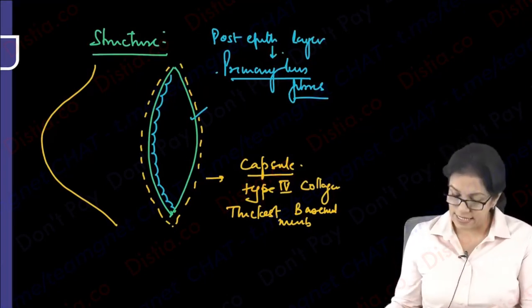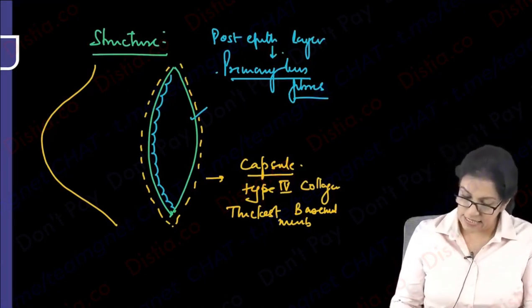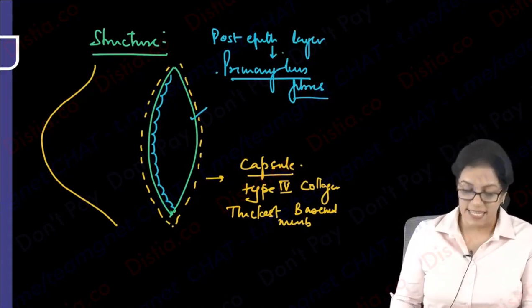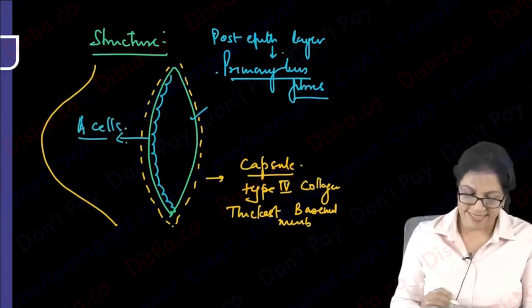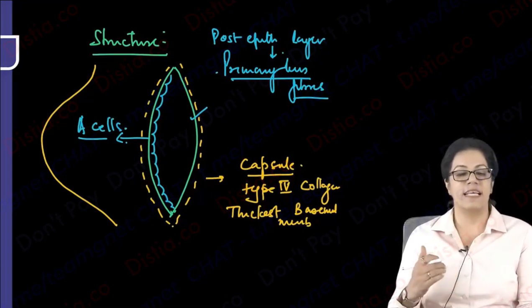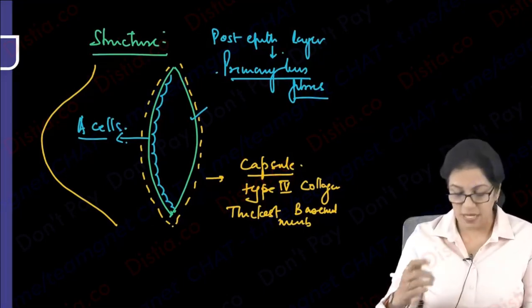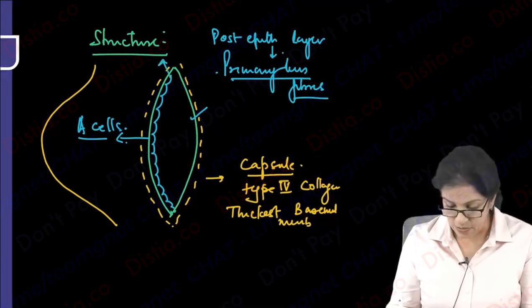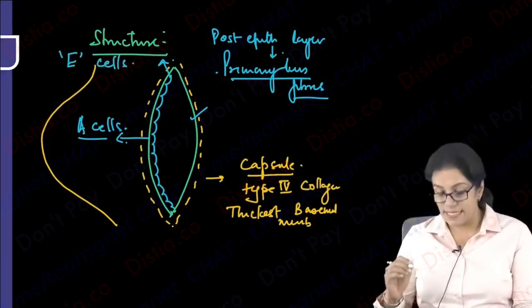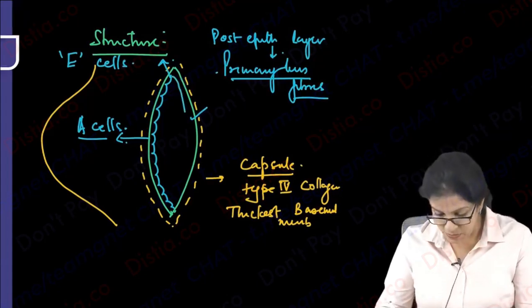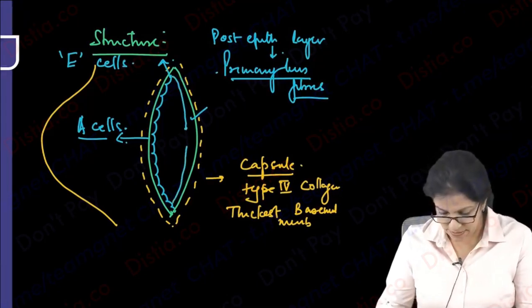Another interesting thing is that these anterior epithelial cells we can divide as A cells, and towards the equator, these are called E cells, equatorial cells. It is these E cells which give rise to the lens fibers.